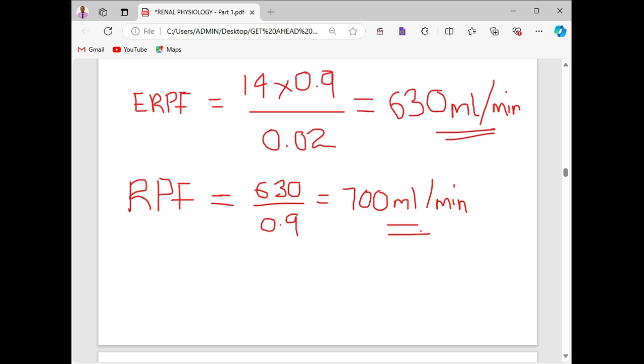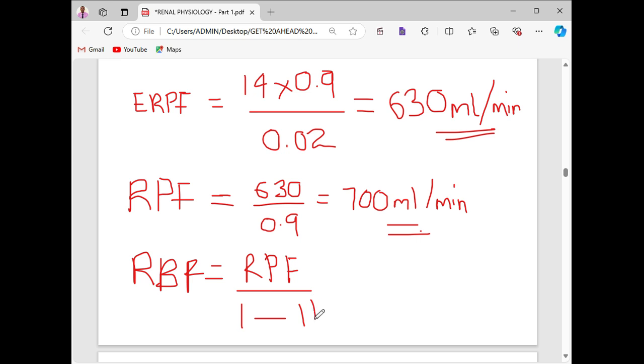So our formula to find renal blood flow is: renal blood flow equals the actual renal plasma flow divided by 1 minus hematocrit.